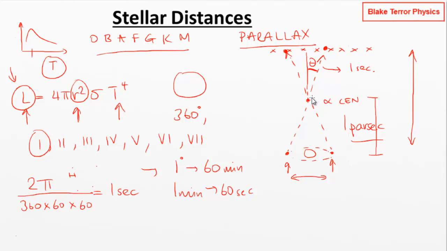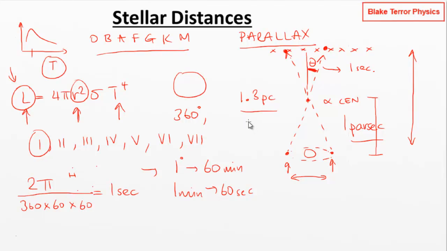Alpha Centauri, for example, comes out at 1.3 parsecs being the distance there. So you've got a parallax angle here which is less than 1 second of arc, which means it's further than 1 parsec away. Because as this angle gets smaller and smaller, the object is obviously getting further and further away from the Earth. So that's what we've got for Alpha Centauri.